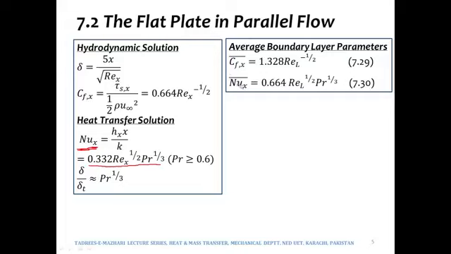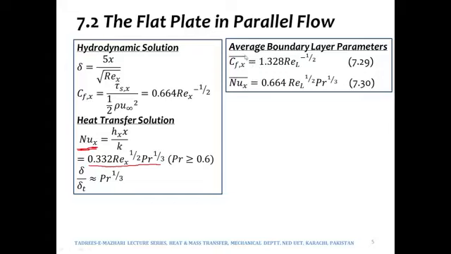Some people write it in this way, or some people just write Nusselt number and then put a bar. So whenever we see a bar, we should understand that we are discussing average Nusselt number over the entire plate. And if we see Nusselt number written in this form, Nusselt X, we should understand that we are discussing local Nusselt number.